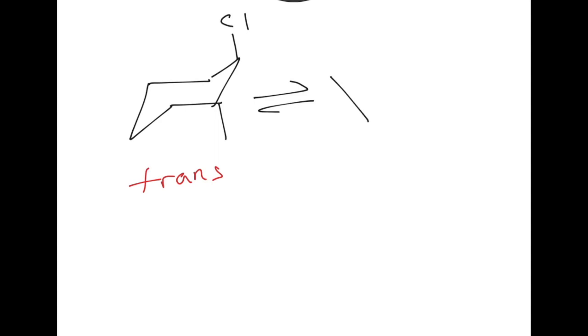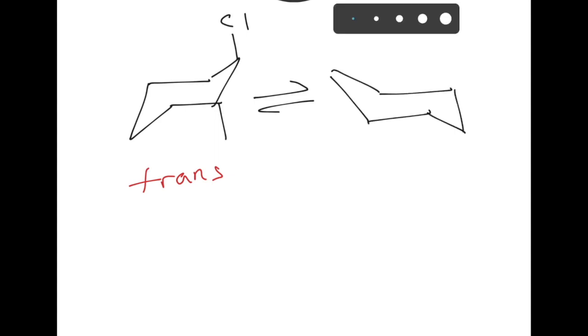If I do a ring flip, this carbon right here is this carbon here. Orange carbon is orange carbon. When you do a ring flip, everything that's equatorial becomes axial, and everything that's axial becomes equatorial.